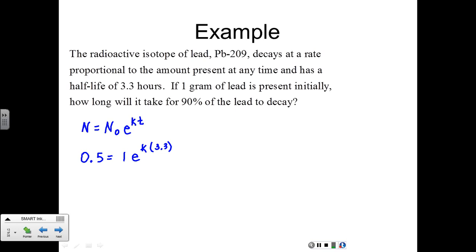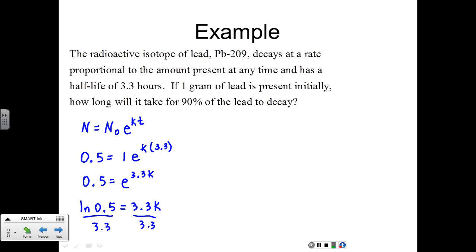Okay. That's enough for me to get the answer, isn't it? I can solve for k just from that right there. 0.5 is equal to e to the 3.3k. So what do I need to do here? And divide by 3.3.